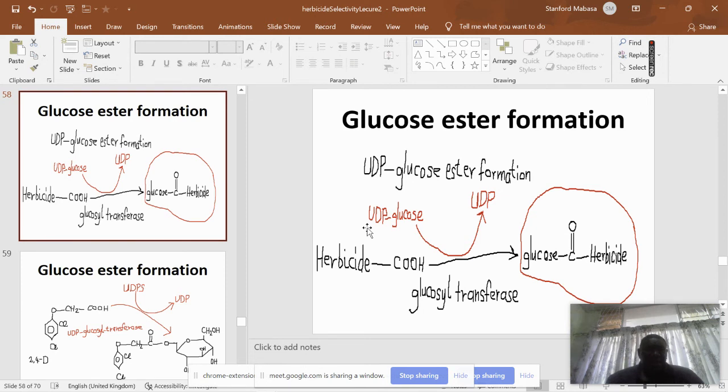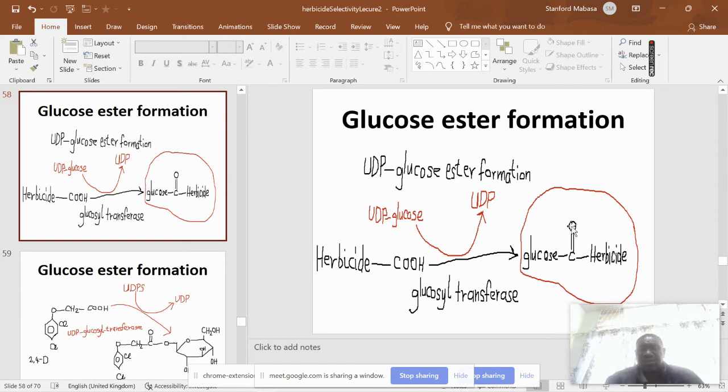And the third reaction is where we have the ester. We have the herbicide carrying the COOH. Again, glucose is added to that group to form a glucose ester, with a C attached to oxygen bond forming in this herbicide. Then we have glycosyl transferase in all cases facilitating the reaction.